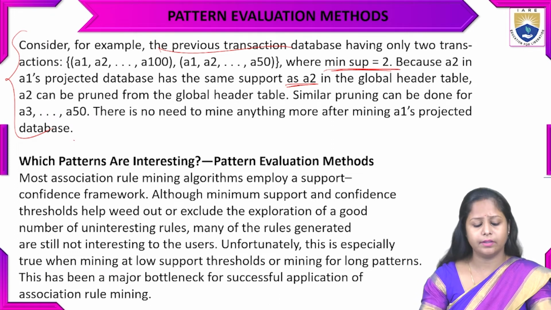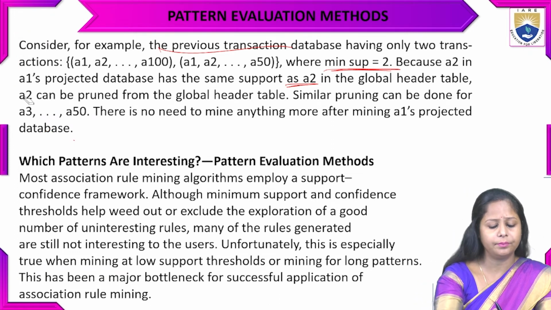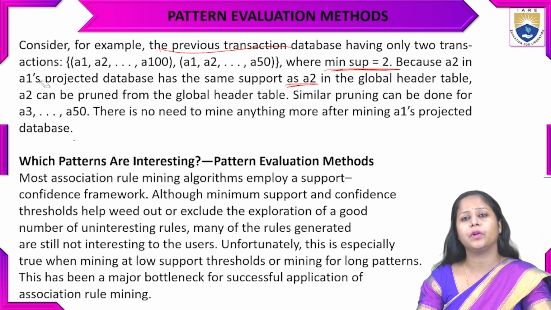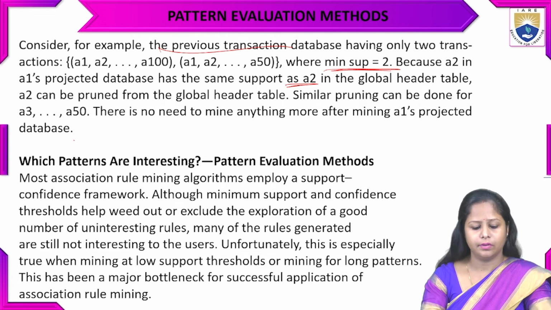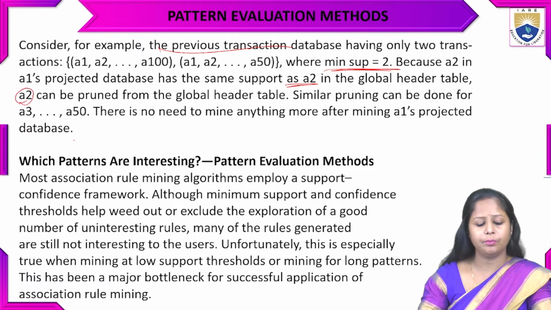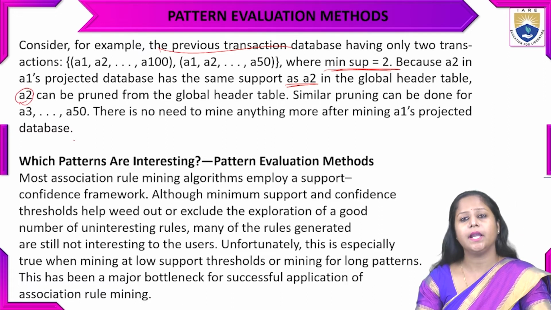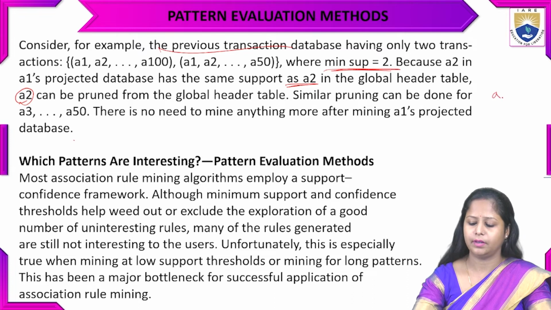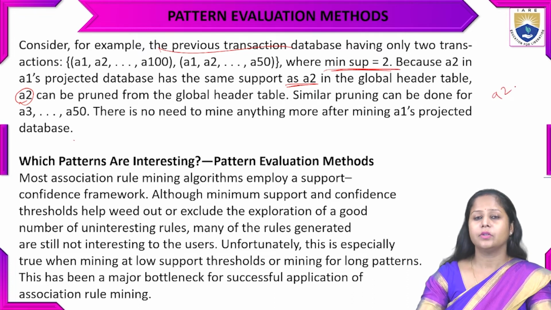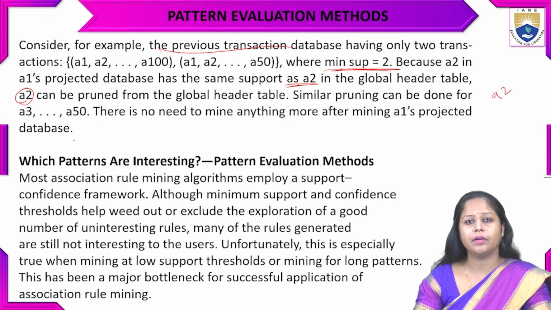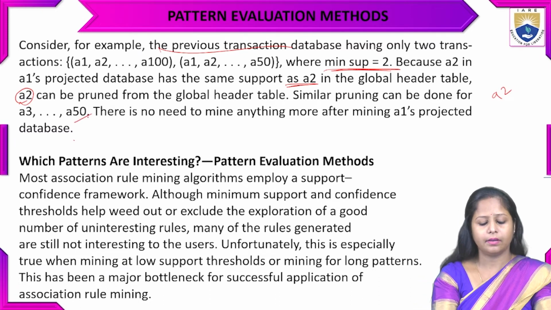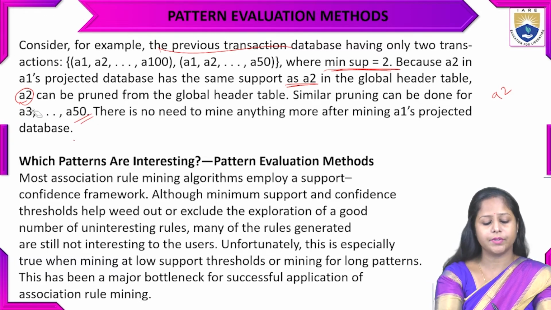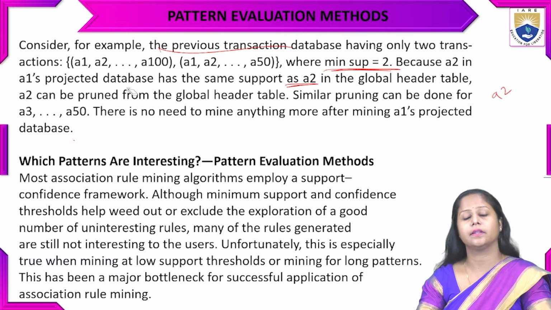So in that example, we can prune A2 from the global header table. Similarly, pruning can be done for A3 to A50. As I have said, all the items in this list can be pruned.